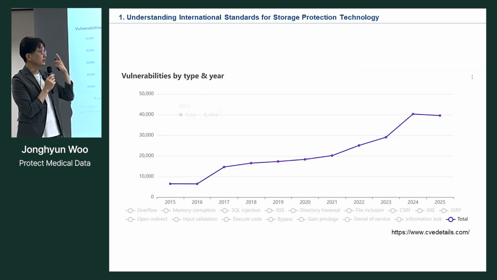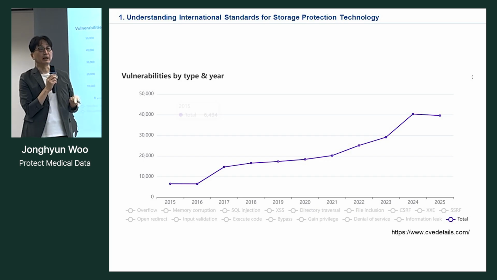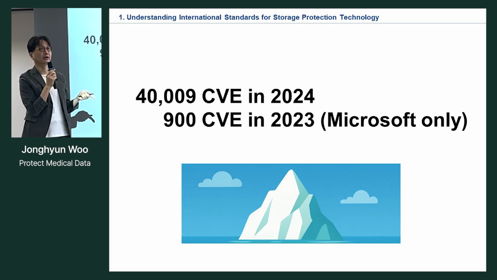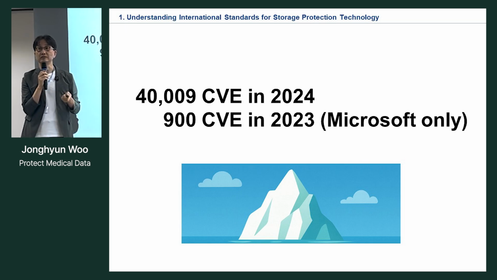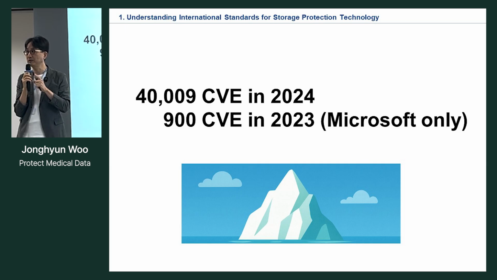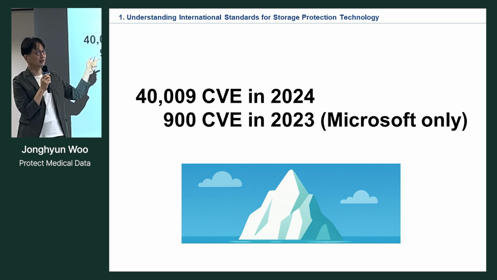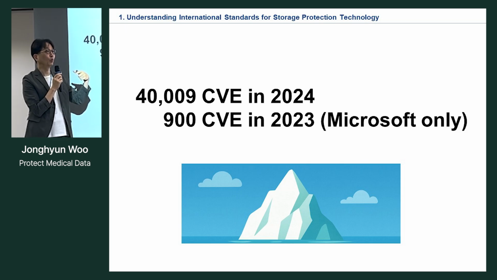And as you can see, the software vulnerability problem is getting worse year by year. In 2023, only in Microsoft products, 900 CVEs were found. Roughly, even just one vendor provides three critical problems a day. And in general, that statistics is accumulated from well-known vendors, not products developed by SI companies.